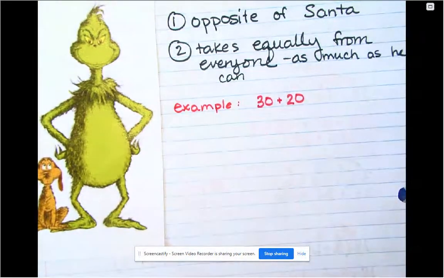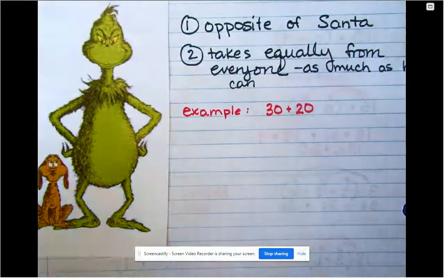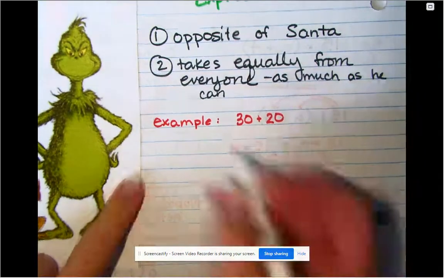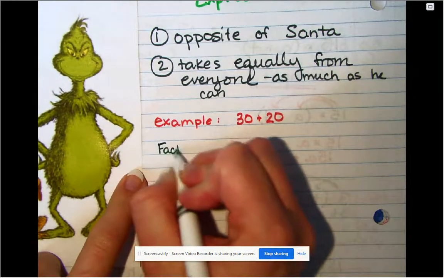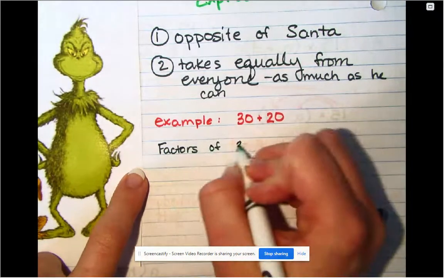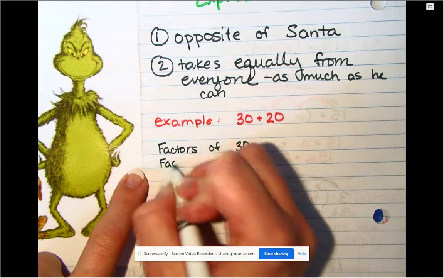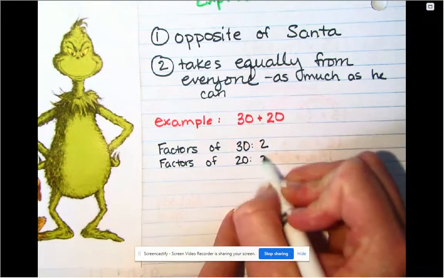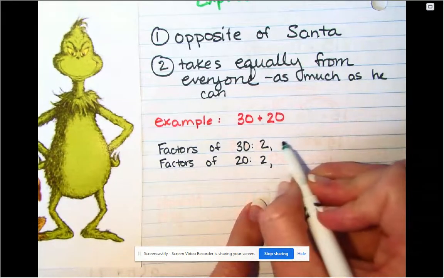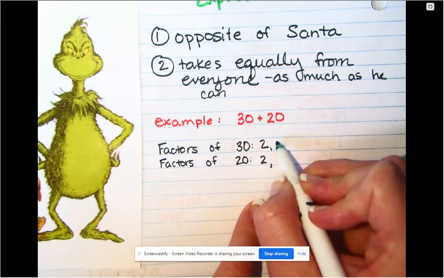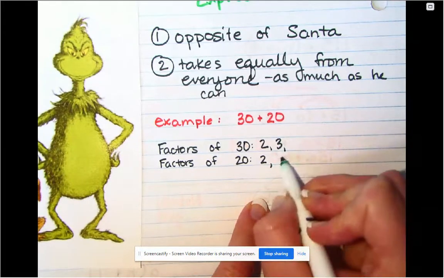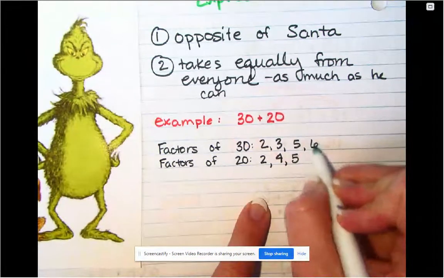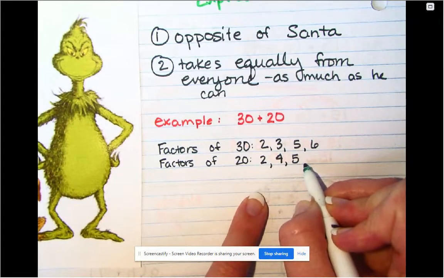As long as he can take the same amount from both numbers, he can take the same factor. So I'm thinking of factors of 30 and 20. So they both have 2 as a factor. 3, 4, well, this has 3, this has 4, they both have 5, this has 6, 7, 8, 9, 10.